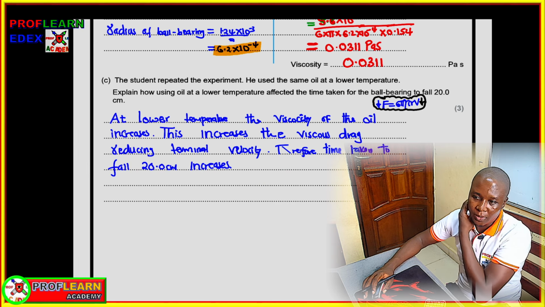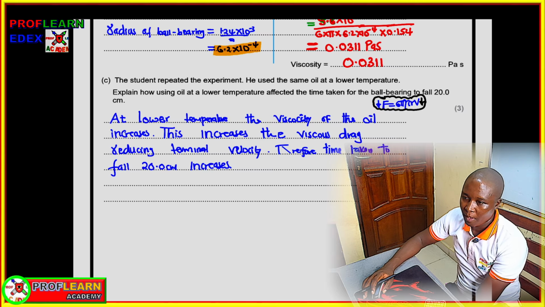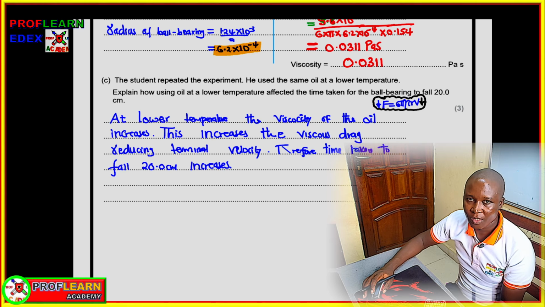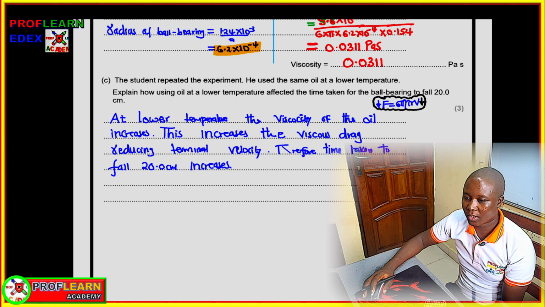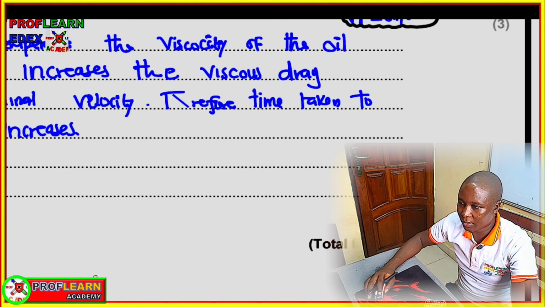The student repeated the experiment. He used the same oil at a lower temperature. So if temperature decreases, viscosity increases. So when viscosity increases, you can see this formula that we have at this point.